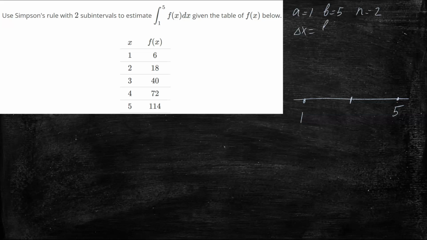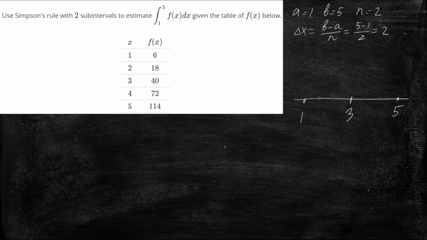Delta x is B minus A over N. 5 minus 1 over 2 is 2. So we got 1 plus 2, 3, 3 plus 2, 5. So this is my delta x. And at 1 we have 6. At 3 we have 40. And at 5 we have 114.